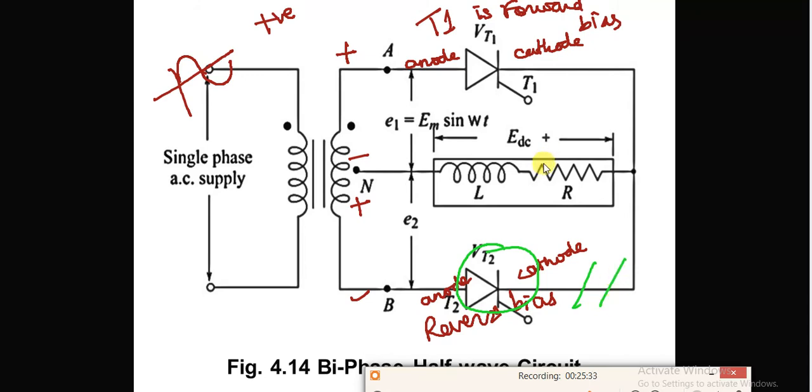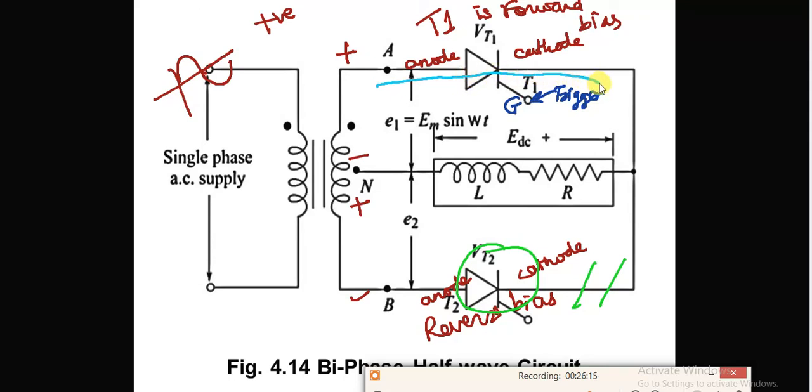Now how will the current flow? You will see the direction of the current flow. During the positive half cycle, when the triggering pulses are applied at this gate terminal, as it is forward biased, the current will start flowing from this anode to cathode.